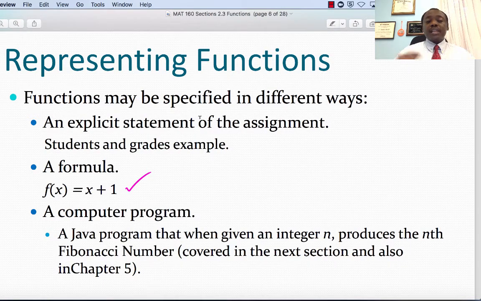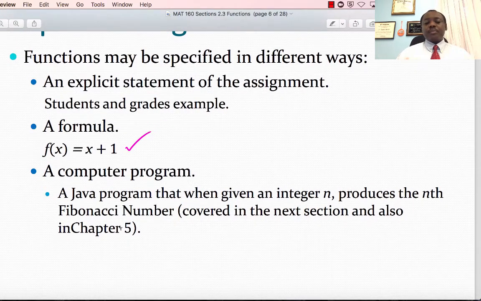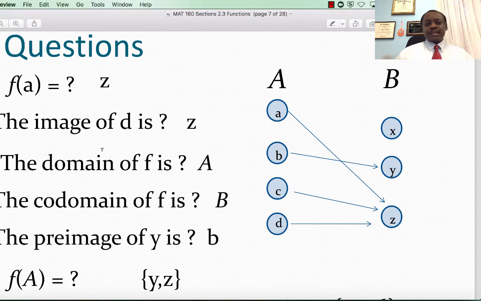If both sets are infinite, it's impossible to list the elements of the set, so we just have to go with a formula. Programmers also use computer programs. For example, a Java program that when given an integer n produces the nth Fibonacci number. Okay, so that's going to be a function. But we would mostly be interested in a function defined as a formula in this class.